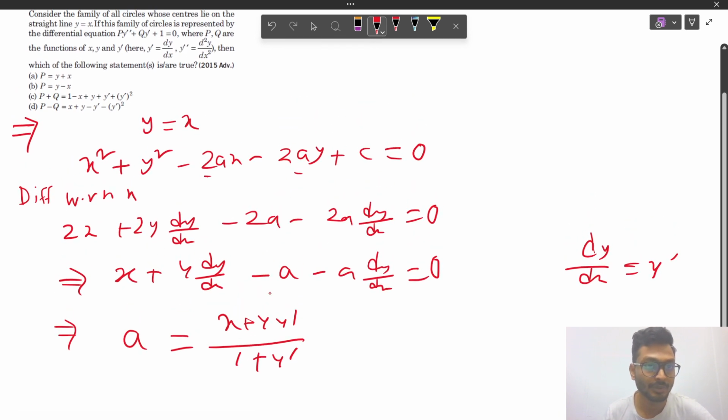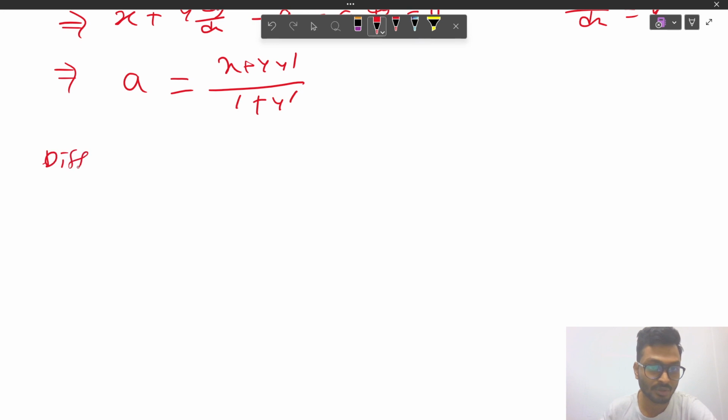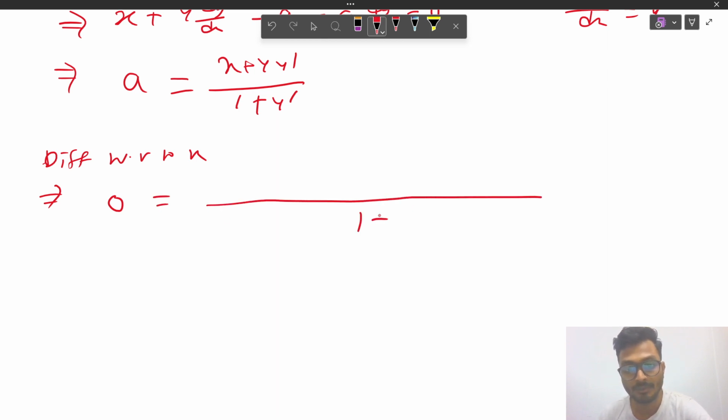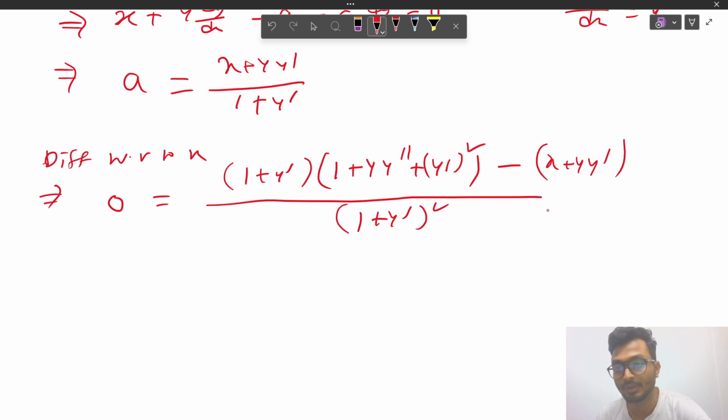Now we have to find this type of equation, so clearly we have to differentiate once. Differentiating with respect to x, this side will be 0 and this side will be 1 plus y dash whole square, then 1 plus y dash into the derivative of the numerator, that means 1 plus y double dash, minus x plus y dash into the derivative of the denominator, meaning y double dash.